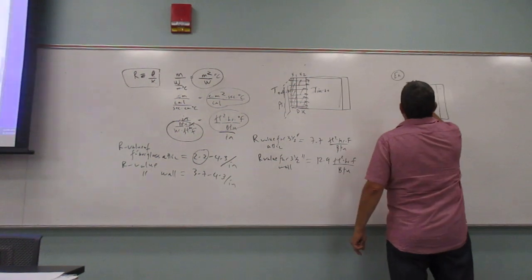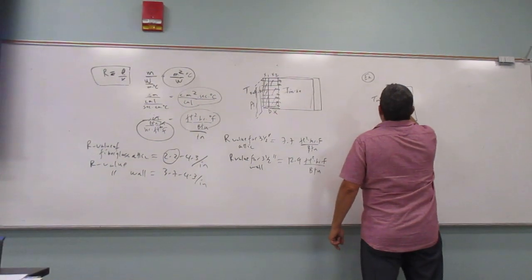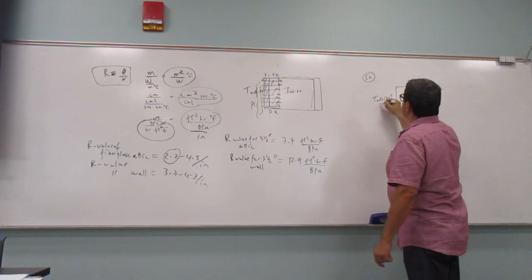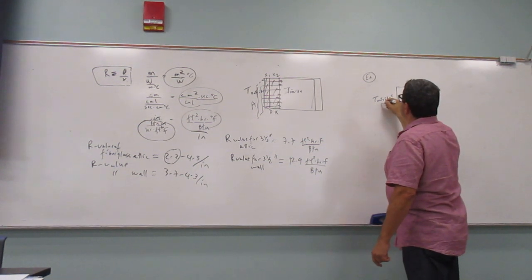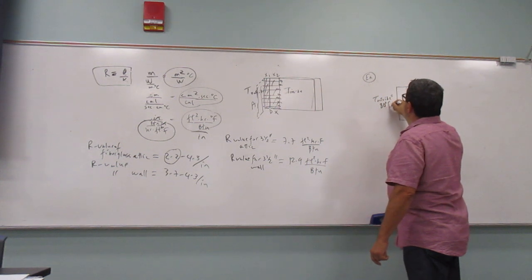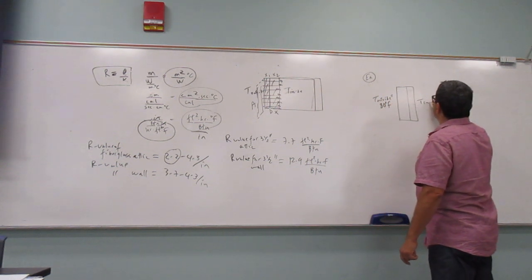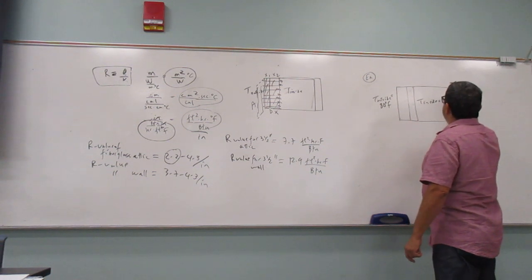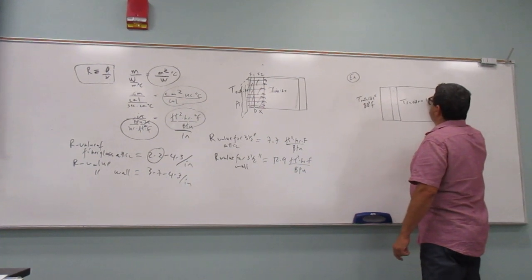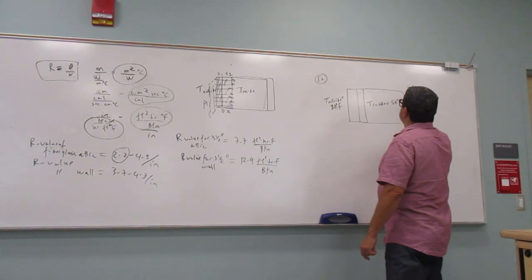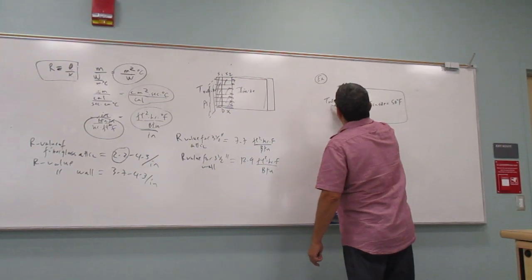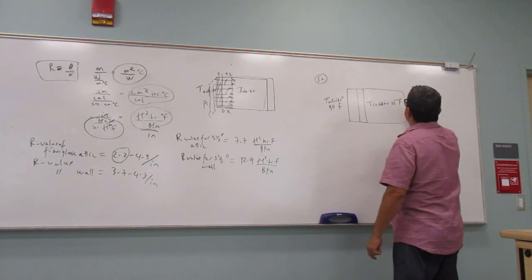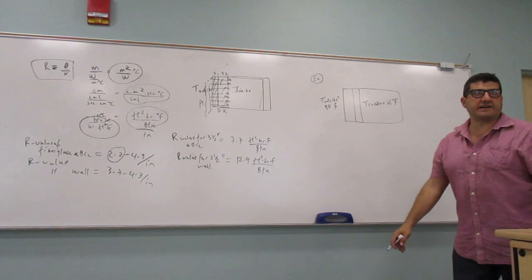The outside temperature, I'm going to work with the British system now. If the outside temperature is, let's say it's a hot day, 90 Fahrenheit, and the inside temperature is 65. So you would like to keep it 65, right?